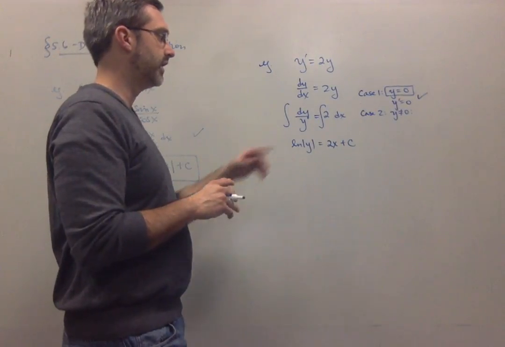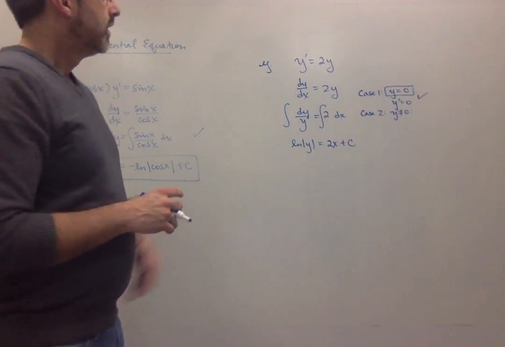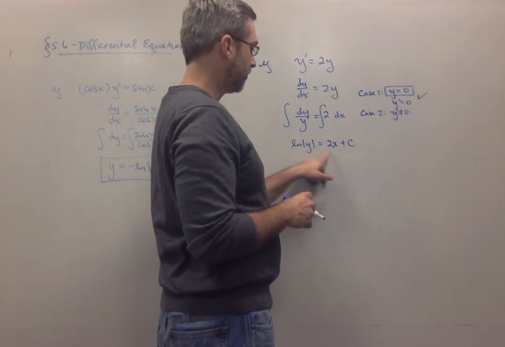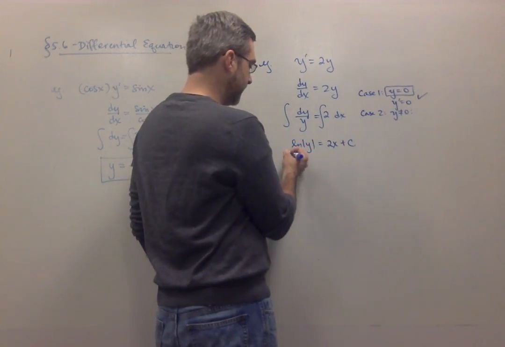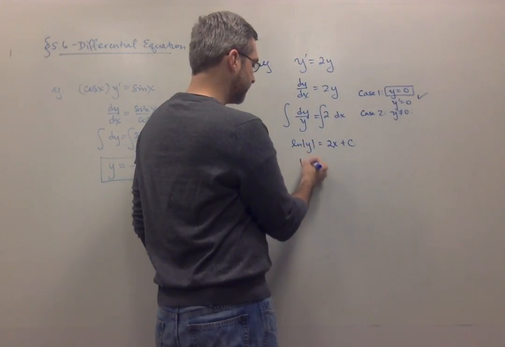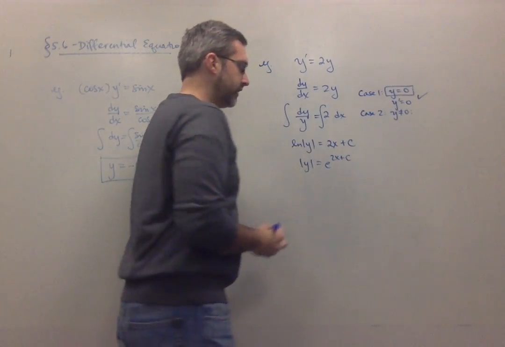So here we're considering when y is not 0. We integrated and got natural log of absolute value of y equals 2x plus c. Now I want to solve for y, so I'm going to take e to both sides, and e to the natural log just gets rid of the natural log. And over here I get e to the 2x plus c.